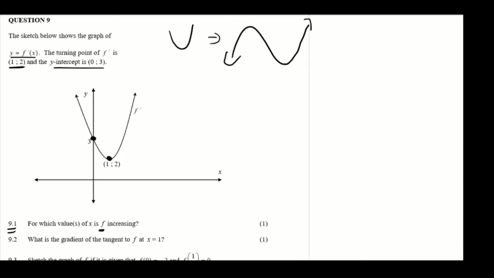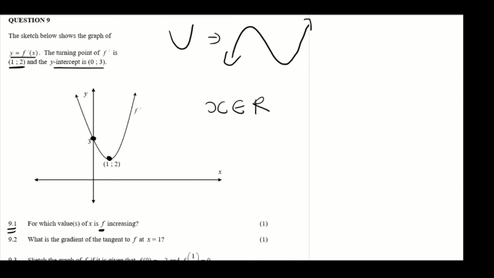So for 9.1, you can simply say that the graph of f increases for x an element of the real numbers.